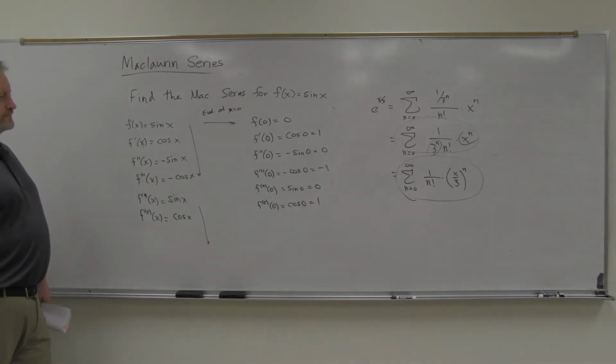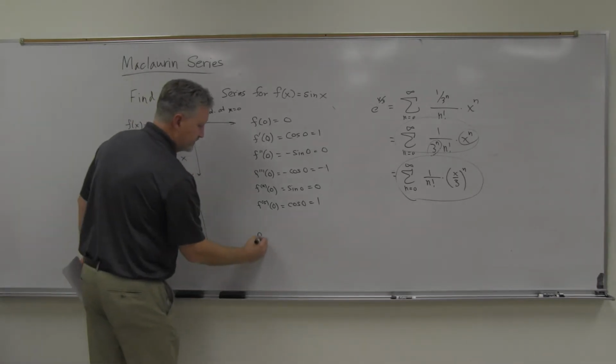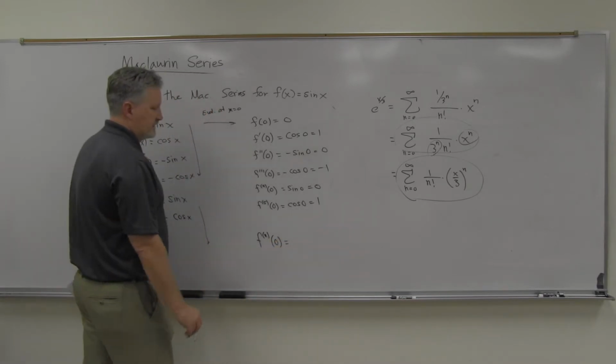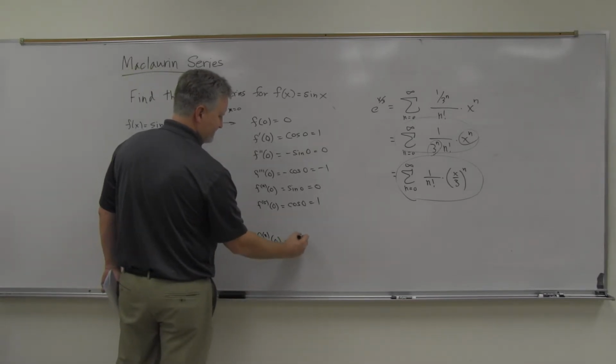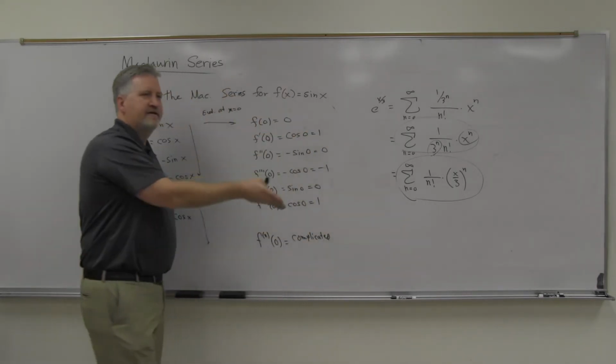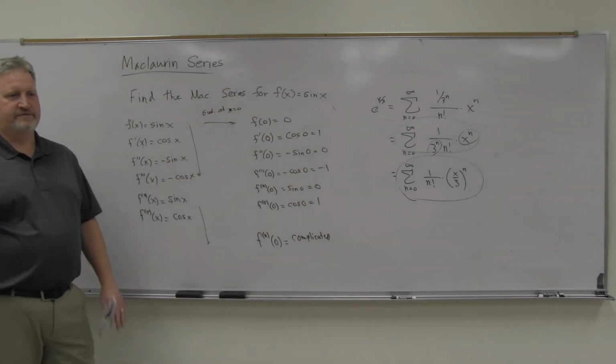Okay, so the nth derivative at 0. Well, it's complicated because we've got intermingled here zeros and ones and negative ones.